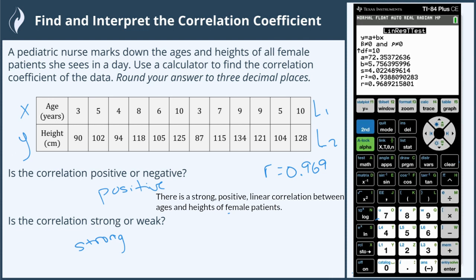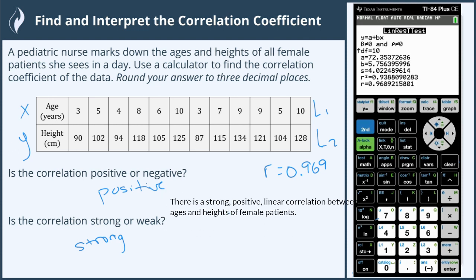The reason that I say it's strong and positive here, which is basically the same thing I said when I did the actual graph, is because R, the linear correlation coefficient, which is measuring linear correlation, is close to +1. So it's a positive and strong linear correlation.